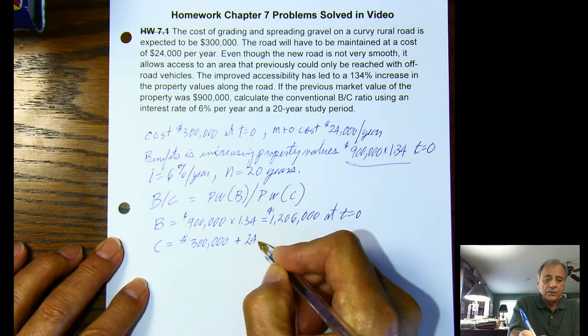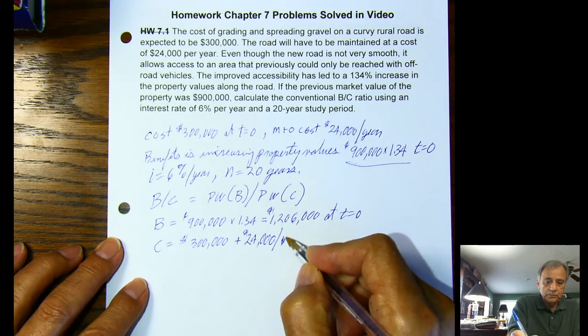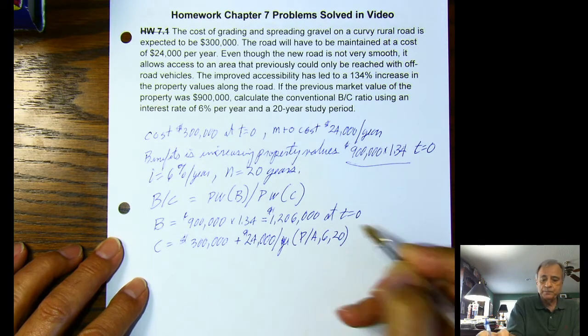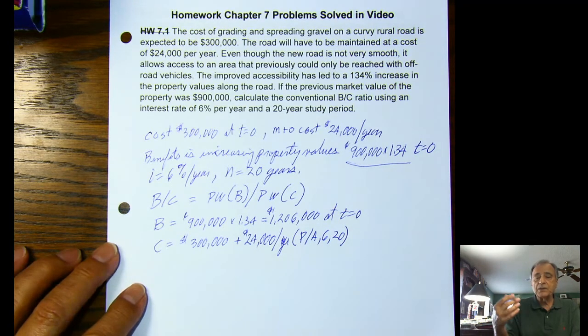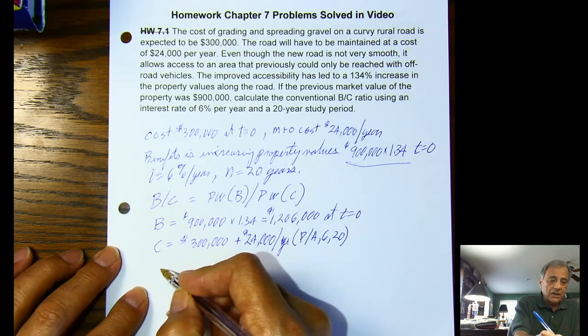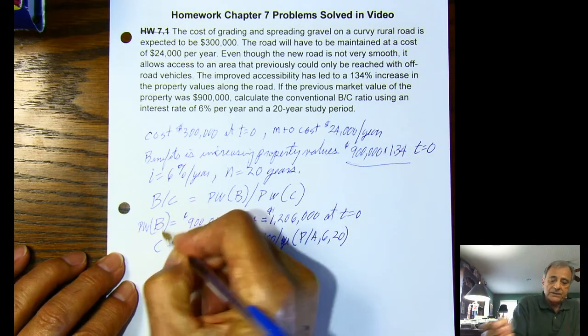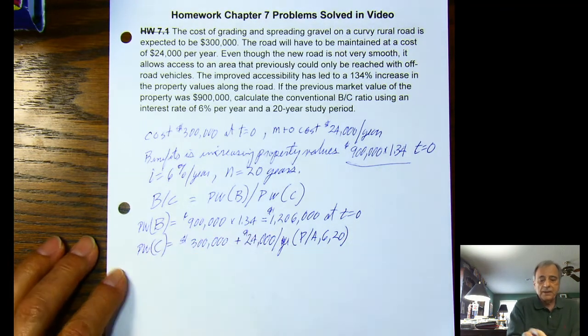So that's going to be $24,000 per year times P given A, 6% for 20 years. When I multiply this quantity times this amount, I get a single present value. So I'll just get dollars, okay? So the present worth of the benefits is this number, and the present worth of the cost is this number.